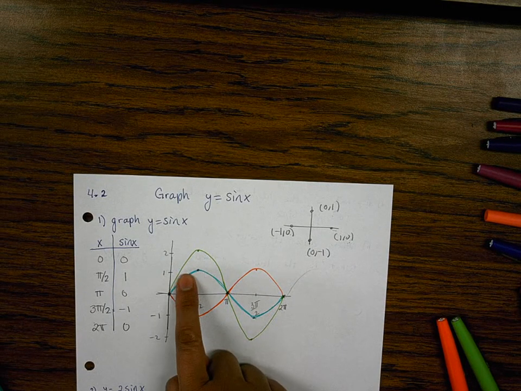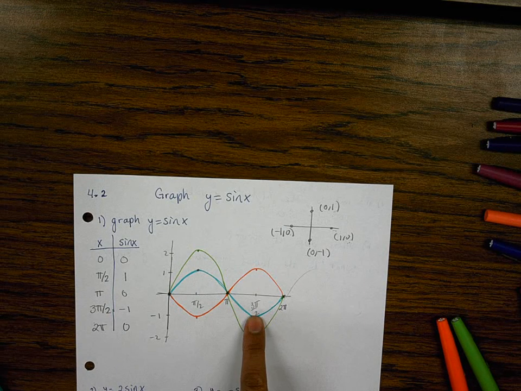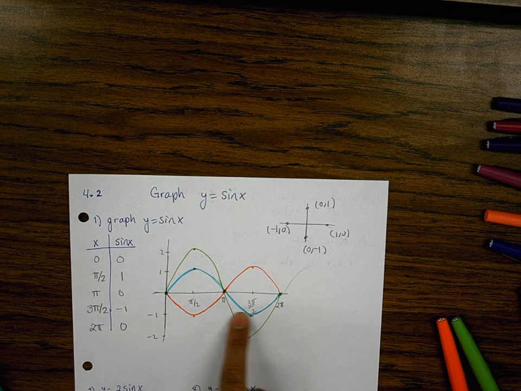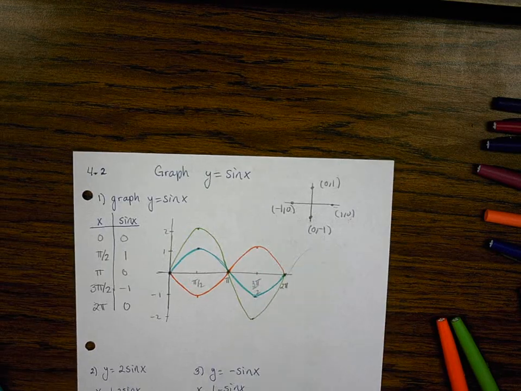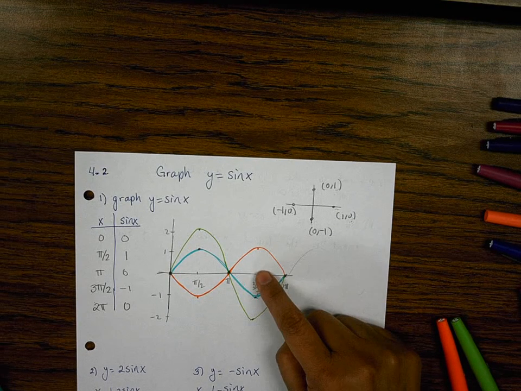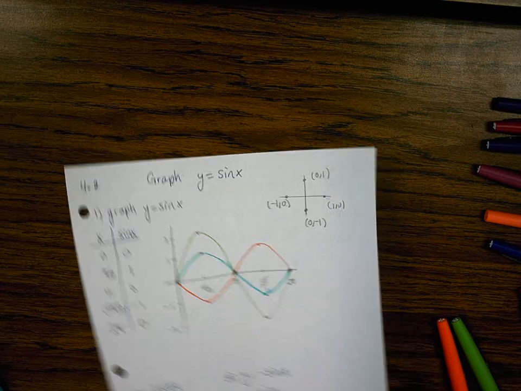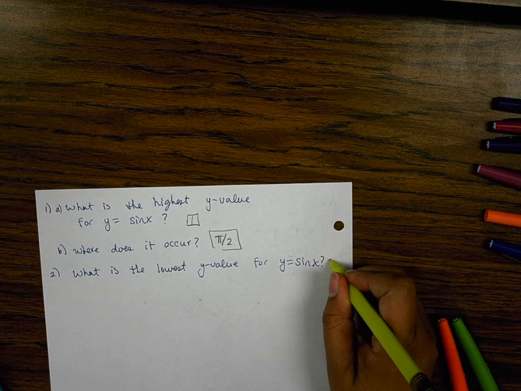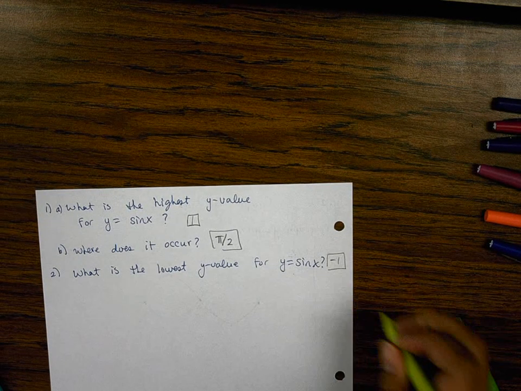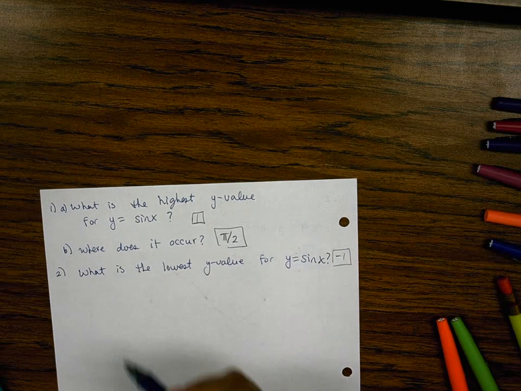What is the lowest value? So we're still on the same y equals sine. There's the highest, it comes down, down, down, down. Lowest is -1. Where does it occur? It occurs at 3 pi over 2. But that's the only question I'm going to ask. What is it? And it is -1.